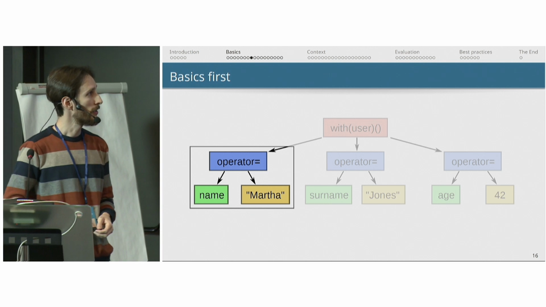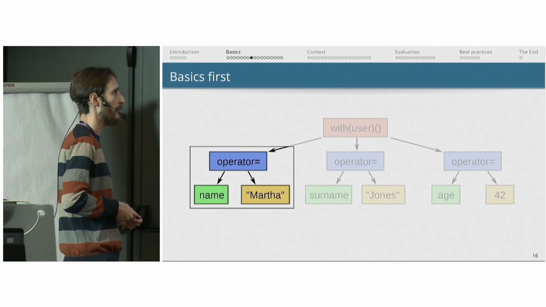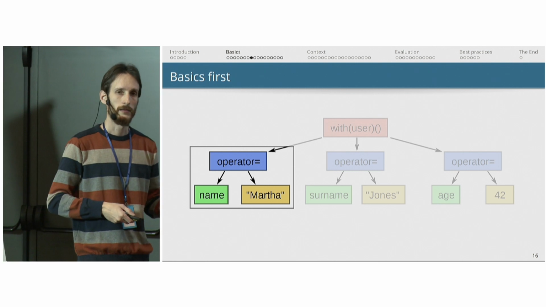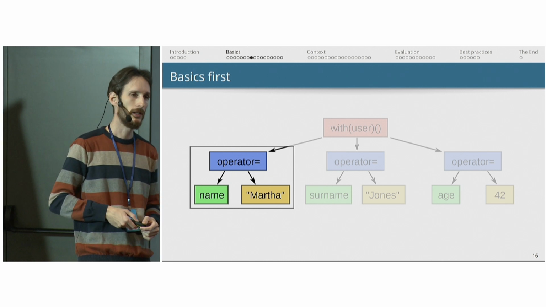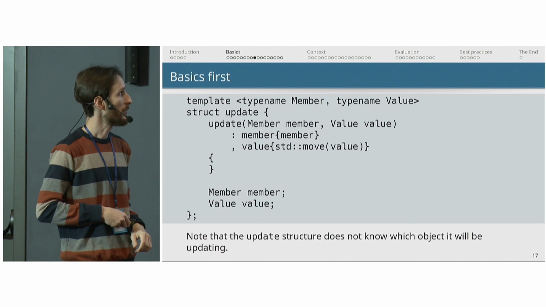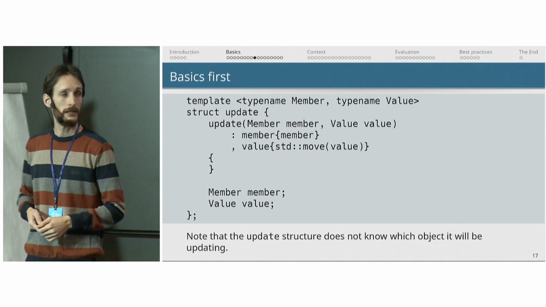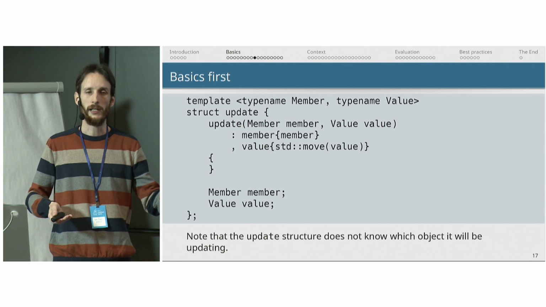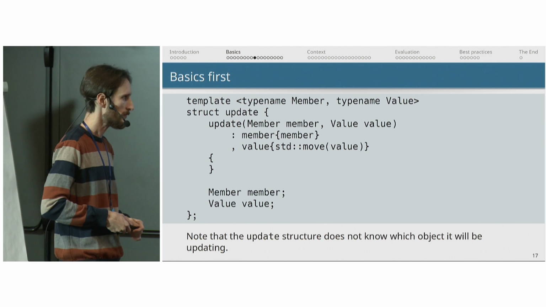Now we need to implement the syntax for all of the update actions. So each of the actions has a name, a field that's going to be updated, and a value that we want to assign to it. So if we wanted to model this node in C++, we would just create an update class template, and we would say, okay, it contains a pointer to a member, and it contains the future value.